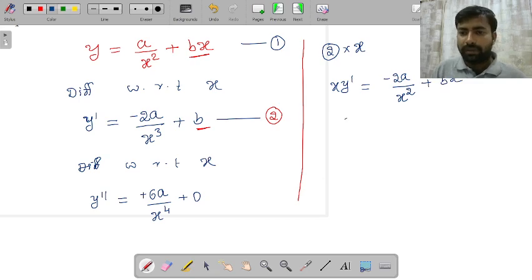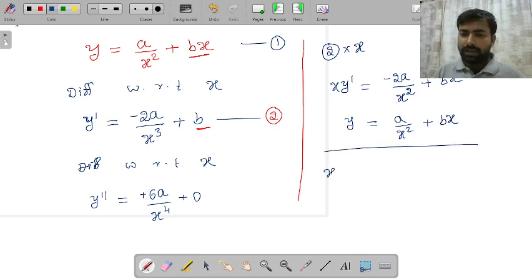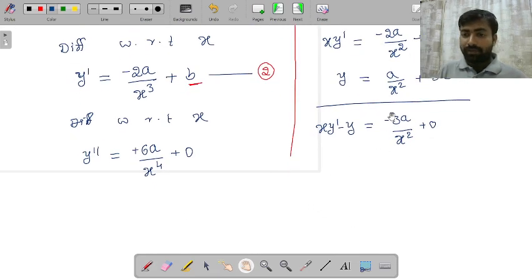And you know the given equation, that is y equal to a by x square plus bx. Right, now you just subtract one from another, so that you will get xy prime minus y equal to, here you have minus 2 minus 1, so that minus 3a by x square, and bx got cancelled. Right, therefore in place of minus 3a by x square, I can actually write this xy prime minus y.